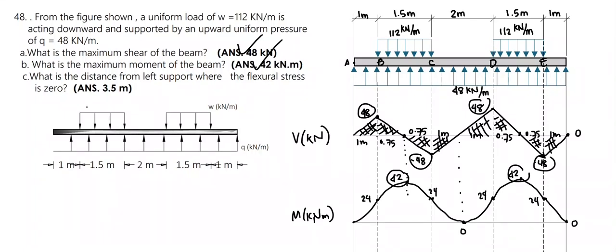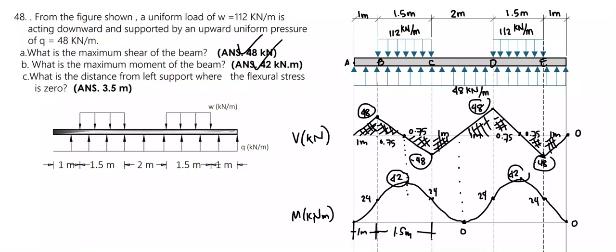And for the last problem, the distance from the left support where the flexural stress is 0, that is where the beam experiences 0 moment, to experience no bending stress. That is this point here. And it has a distance going from the left support. From segment AB, it has a distance of 1 meter, and segment BC has a distance of 1.5 meters.